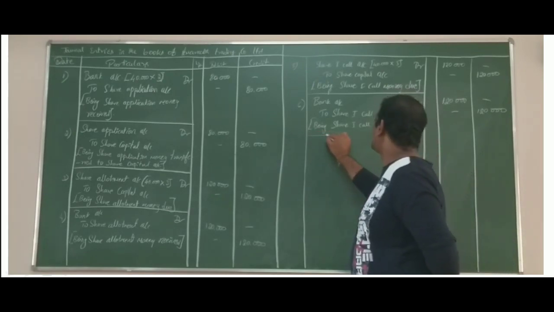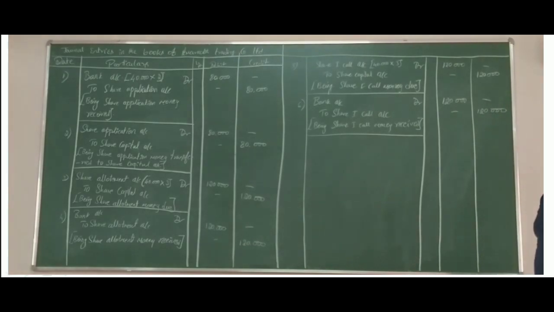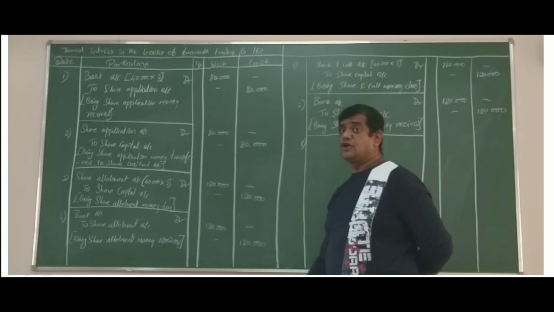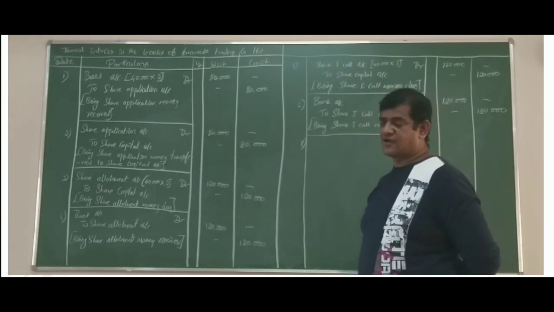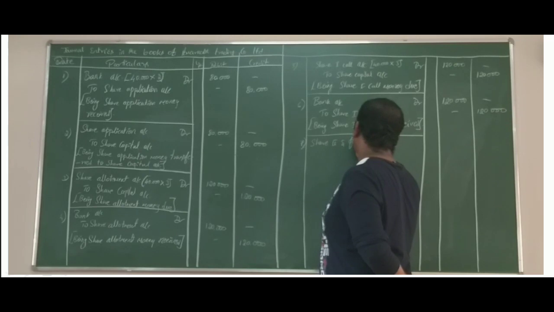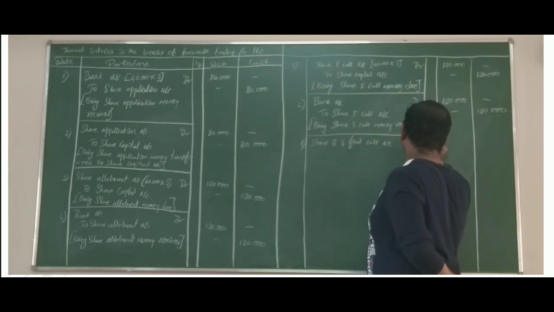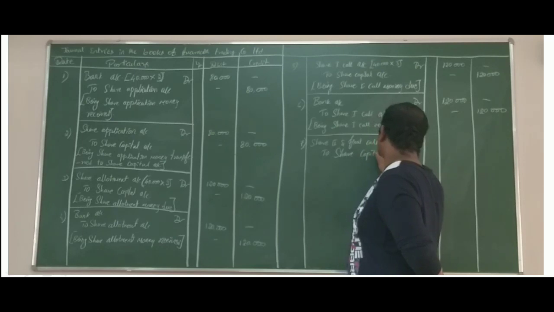Okay. So next I am moving further to the seventh entry, I'm sorry. So the seventh entry is about a due entry again. Clear? Due entry of second and final call. So share second and final call account debit to share capital account.